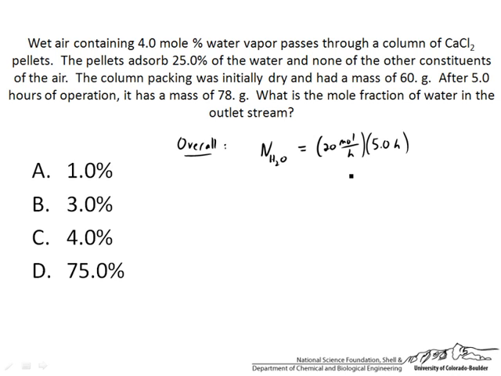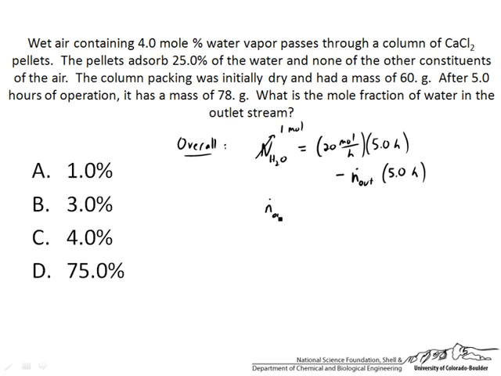We can then subtract from that our unknown rate of moles per hour coming out times again 5.0 hours. We know that N of H2O is 1 mole. That's how much accumulated. So our only unknown is N dot out.